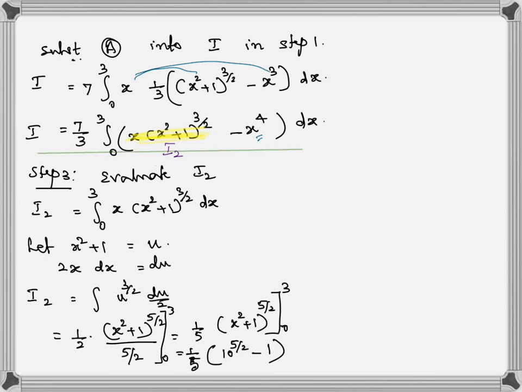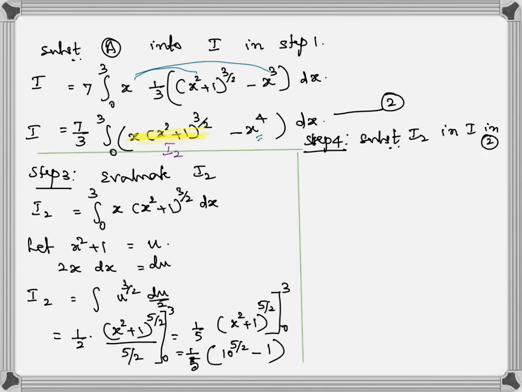This is going to get back to this step. So we're going to plug it in over here in I2. So step 4 is to substitute the expression for I2 into I. Substitute I2 into I in step number 2, we get I equal to the given integral equal to 7 over 3.